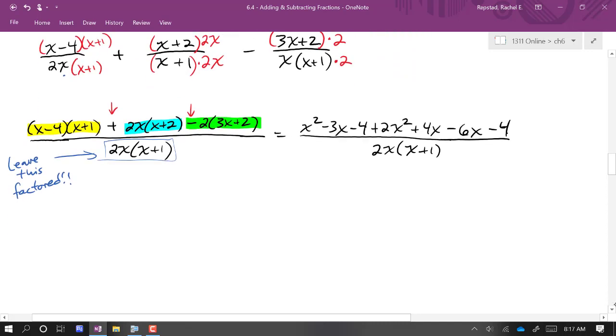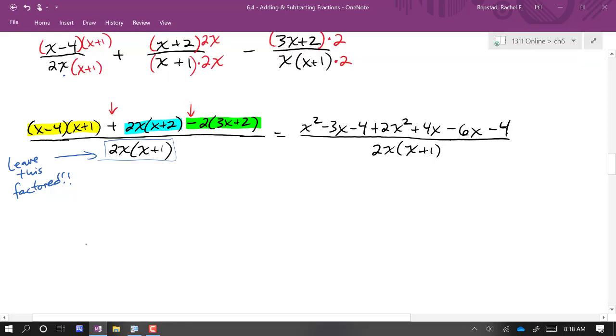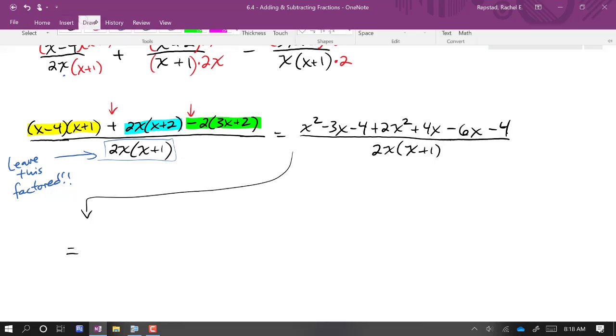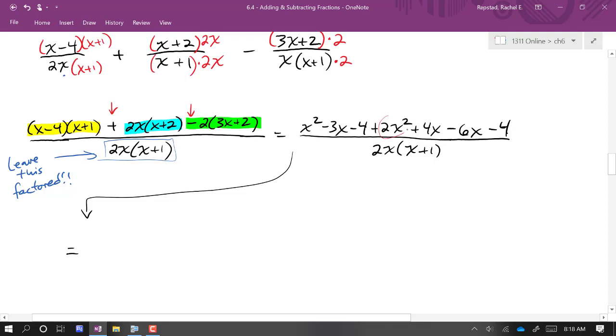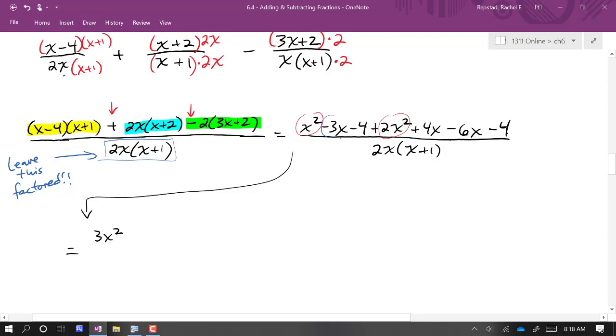Now that we've multiplied everything out up top, we can combine some like terms. So I think I'm going to bring this down here. So 2x squared plus x squared, that's a 3x squared. Minus 3x plus 4x is a plus x.